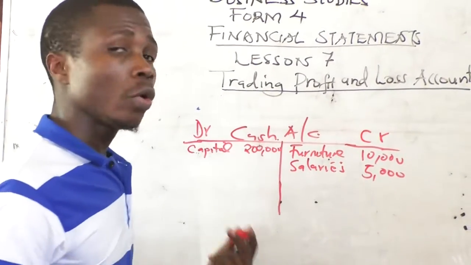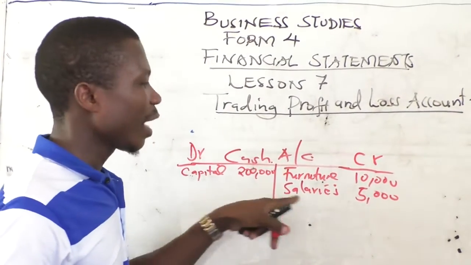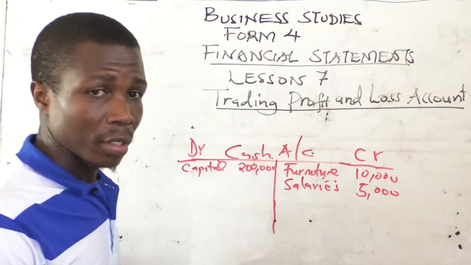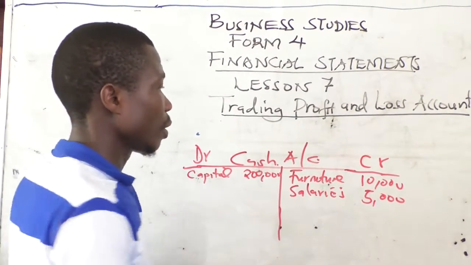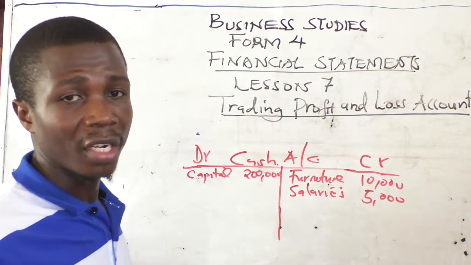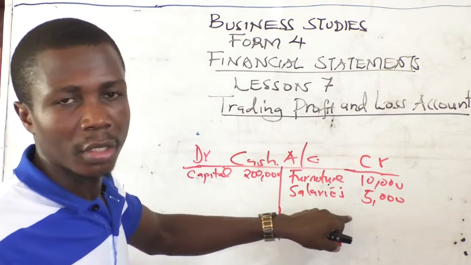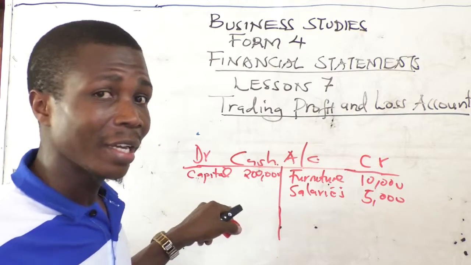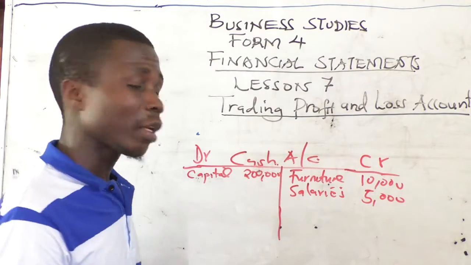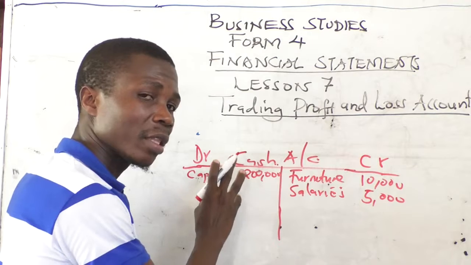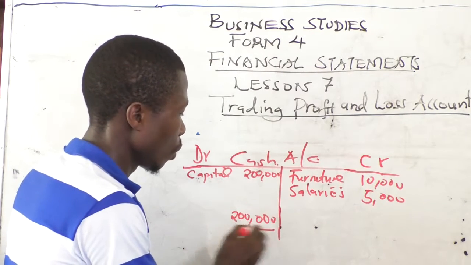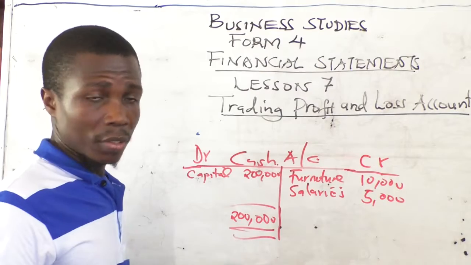If the debit side is higher than the credit side, we get the difference. That difference helps us find what is known as balance carried down, the amount remaining for the other side to balance with the higher side. Here, because we have the biggest figure, we are going to balance it straight away.